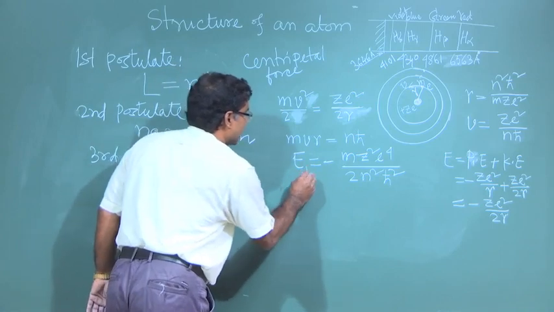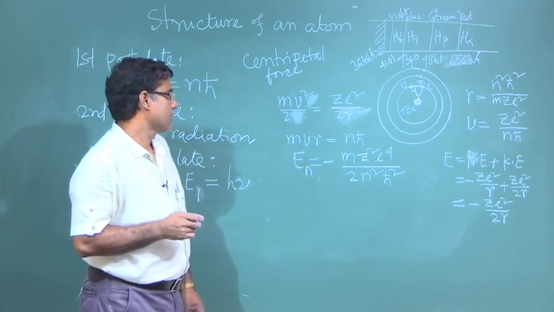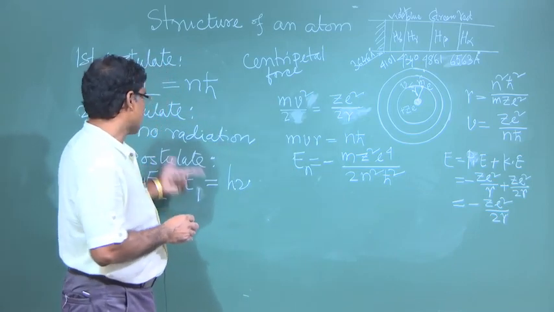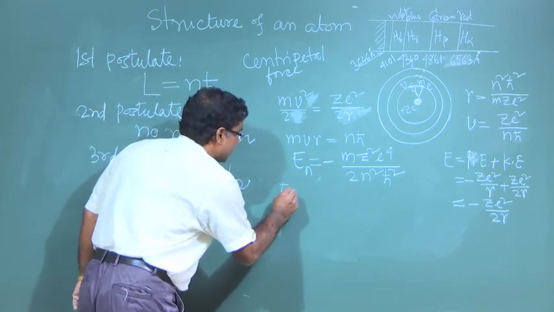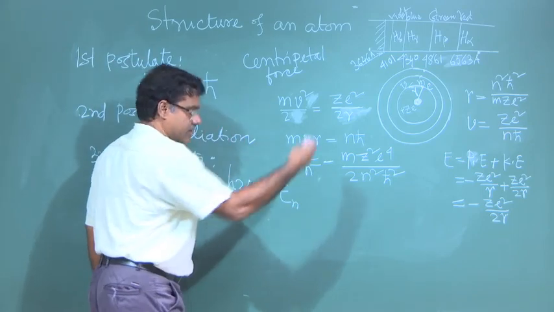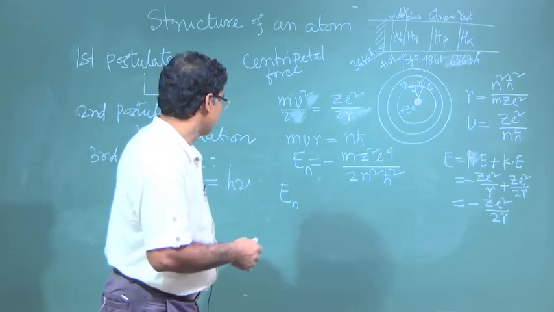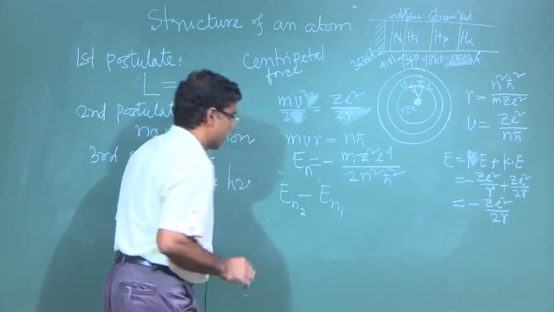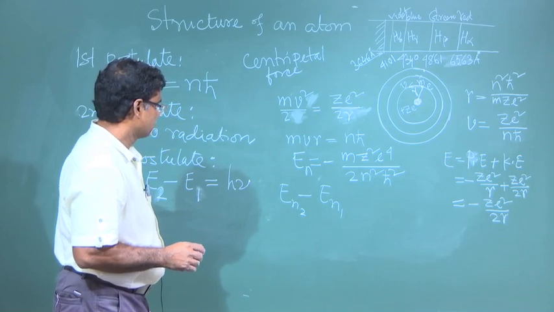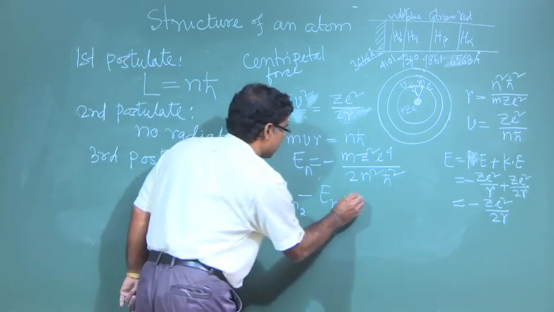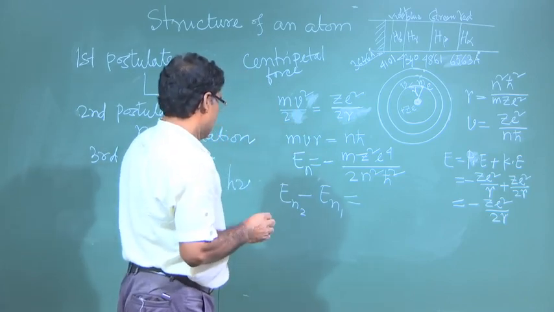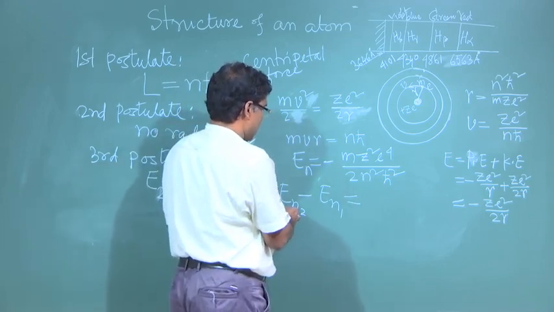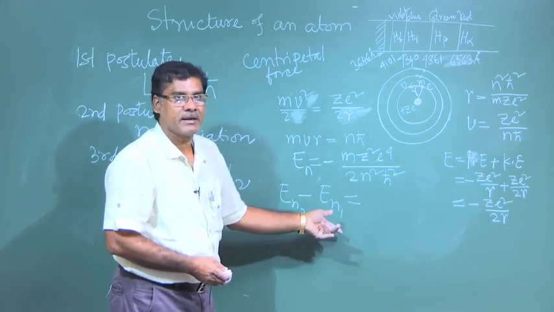So, if I write E n, energy of the nth orbit, from the third postulate I can write E n2 to E n1, where n2 is higher than n1.